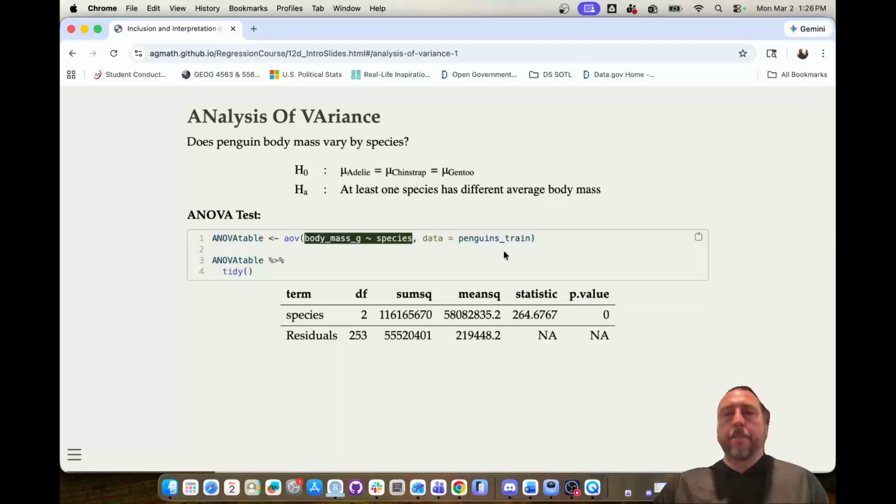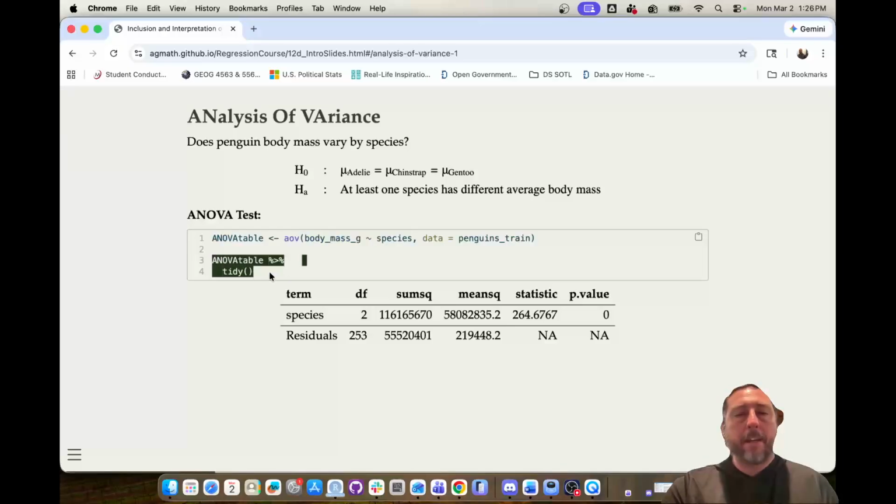So there's a training data frame behind the scenes here. Once I've run that analysis of variance, I can collect the information about it by piping what I've stored as the ANOVA table into tidy. And tidy gives you more information than the ANOVA table on its own would.